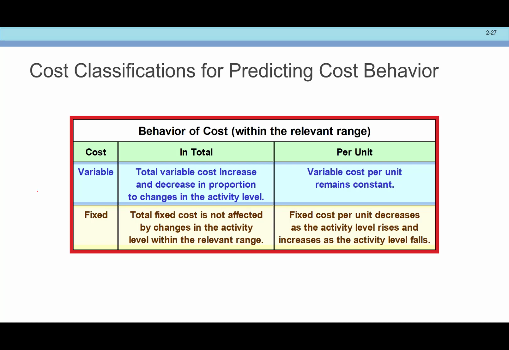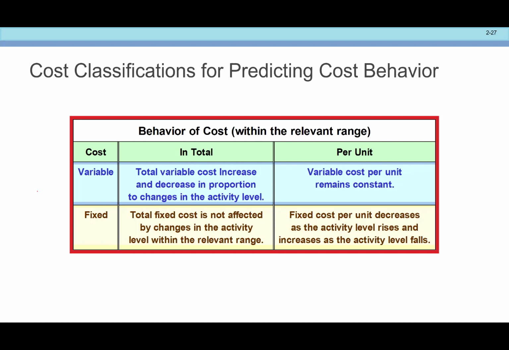But if you look at it on a per unit basis, over here on the right, your variable costs stay the same per unit no matter how many units you produce. If it's $6, it's $6 regardless of the number of units, right? Meanwhile, your fixed cost per unit will vary with the level of production.